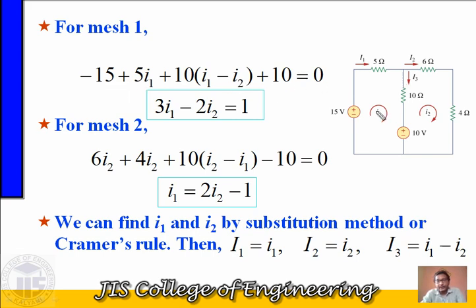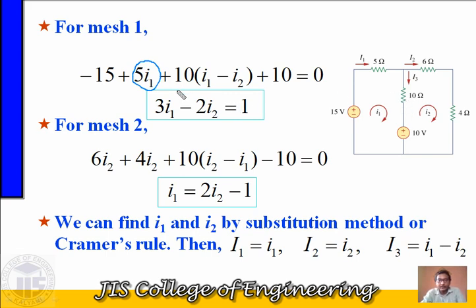So we write the equation in such a way: we start from one resistance and then consider each individual element until we come back to the starting point. Our starting point is the 5 ohm resistance, the current is I1, so 5 into I1, then plus 10 into I1 minus I2.